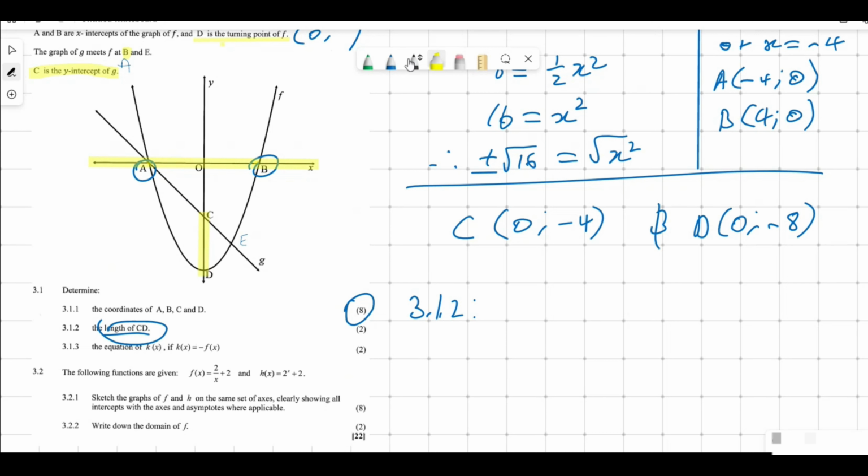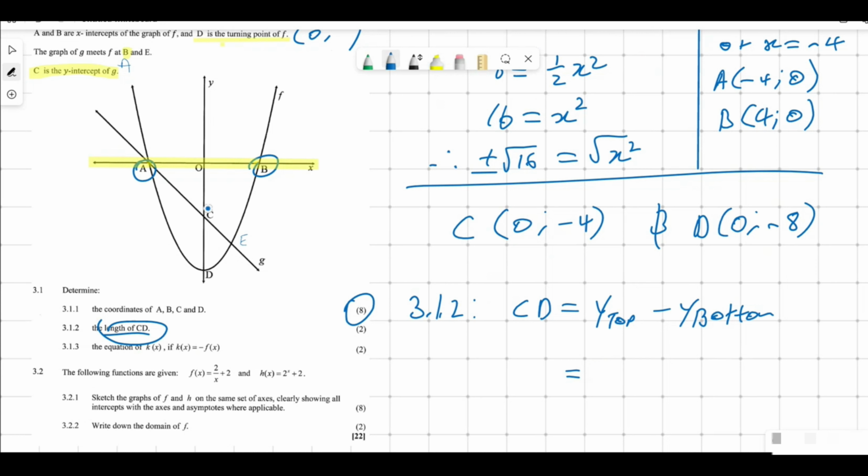So if it's a vertical distance, the length CD is equal to the value of y at top minus the value of y at bottom. This is the equation to calculate the vertical length.